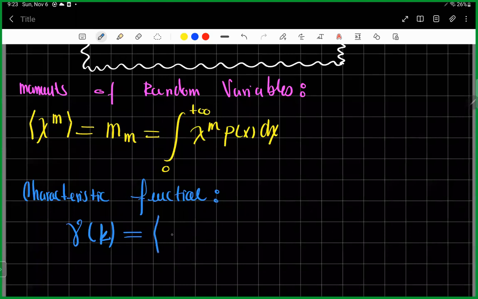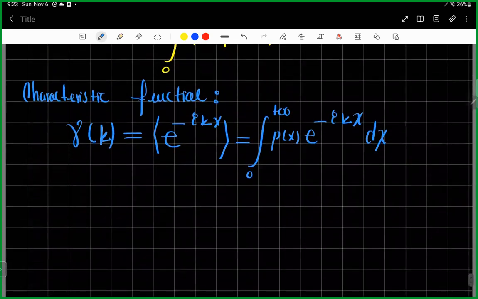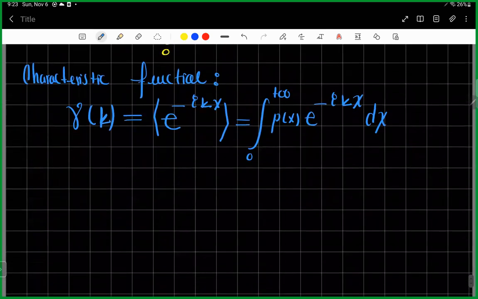So this is the expectation value of e to the minus i k x. Very important, and this is equal to the integral from 0 to plus infinity of p of x e to the minus i k x differential of x. Okay, so you can see that the characteristic function is nothing but the Fourier transform of the probability density.